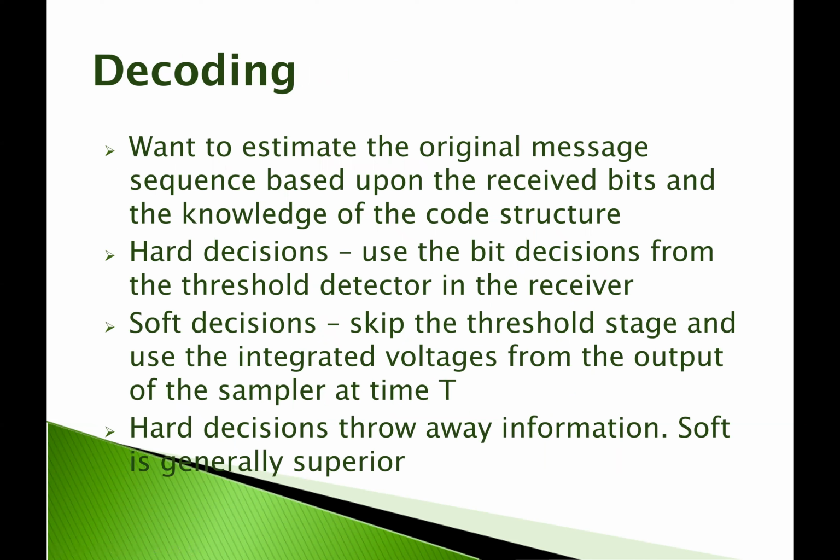All right, so we can use hard decisions, where we use the bit decisions from the threshold detector in the receiver, or we can use soft decisions. What do we mean by that? That means we basically skip the threshold stage and use the integrated voltages from the output of the sampler at time t.